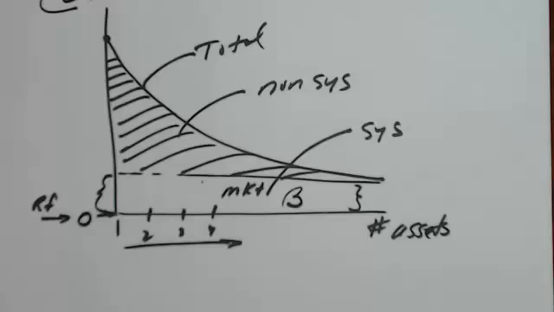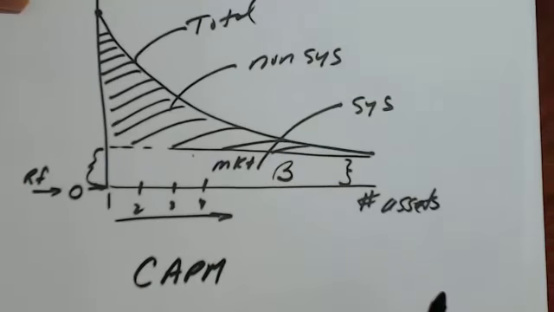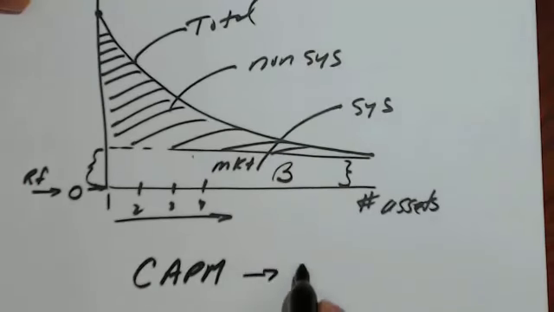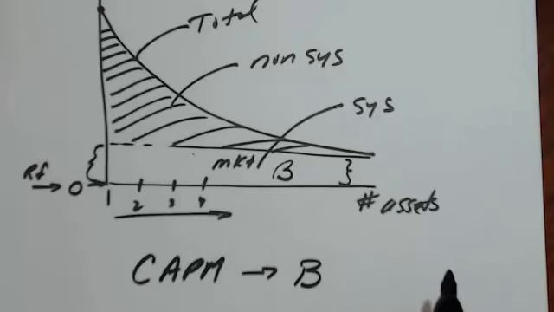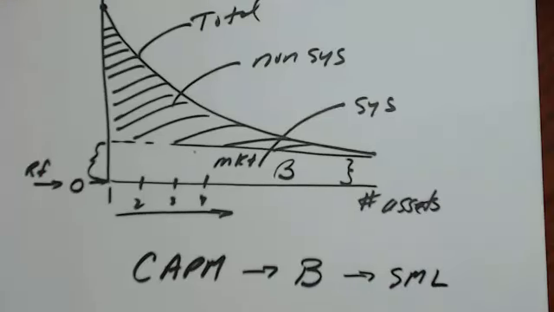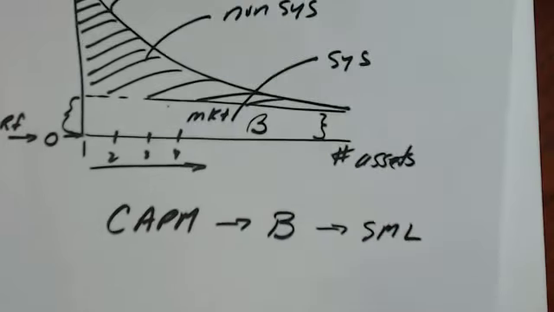And so right now we're dealing with what's called the capital asset pricing model. And the capital asset pricing model employs beta, which is a measure of systemic risk in the market. And we're also talking about what's called the security market line. And I'm going to graph this out in a second.